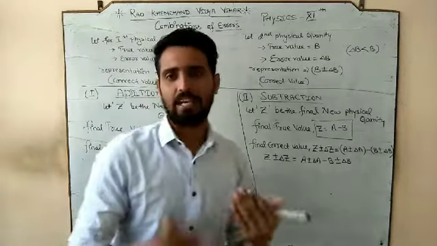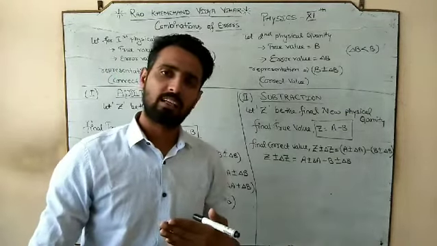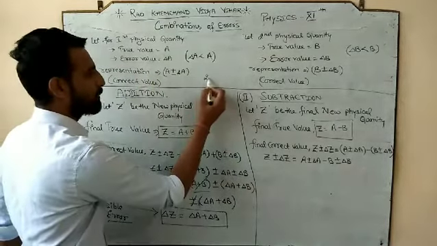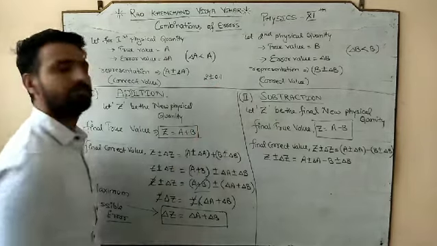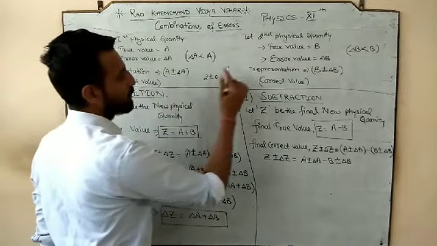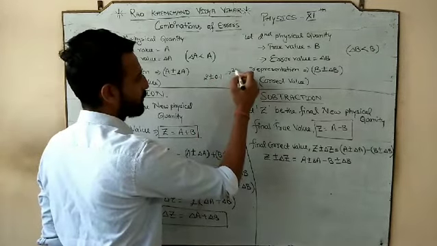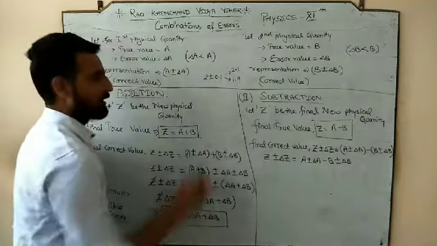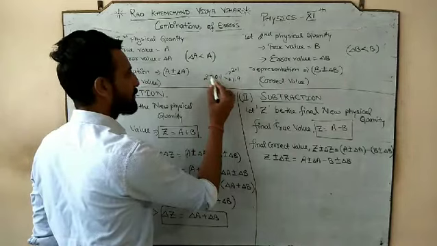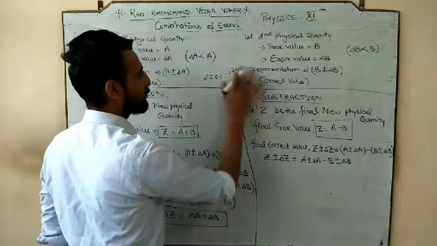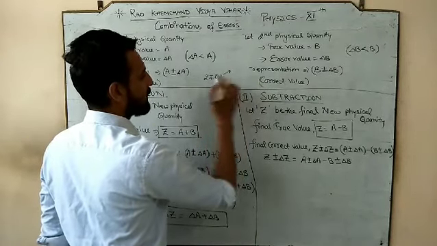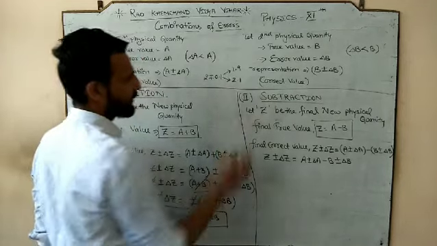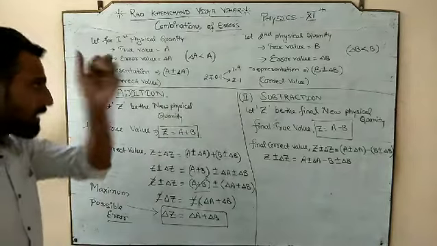Plus minus means once you have to add, once you have to subtract. When you write 2 plus minus 0.1, what is the final value? 2 plus 0.1 would be 2.1, and when you perform the minus, it would be 1.9. When you change this symbol, it becomes minus plus. So what would be the final value again? Firstly, if you perform minus, it would be 1.9 and then 2.1.